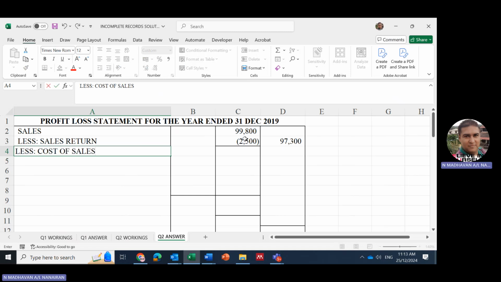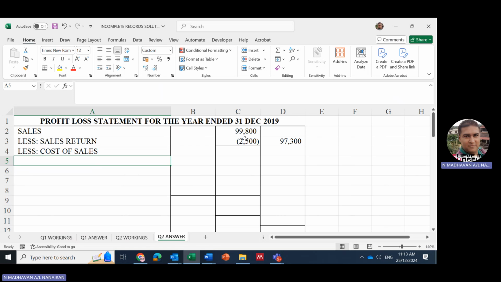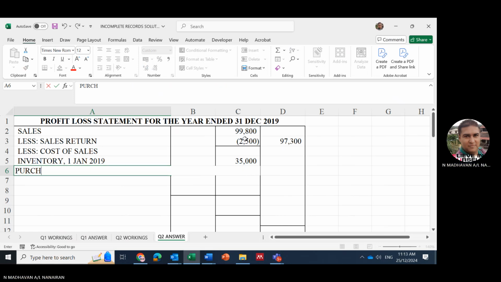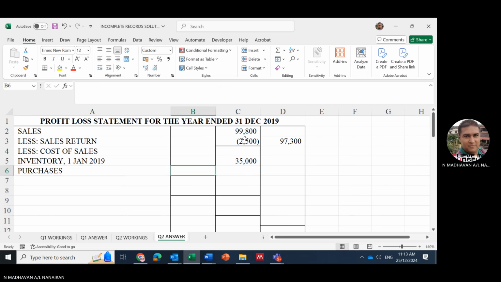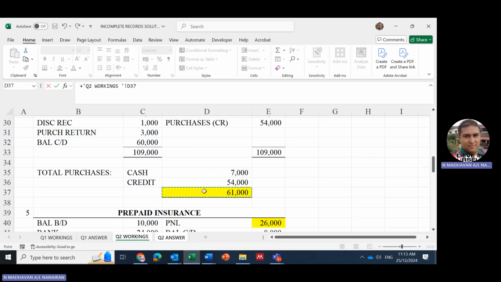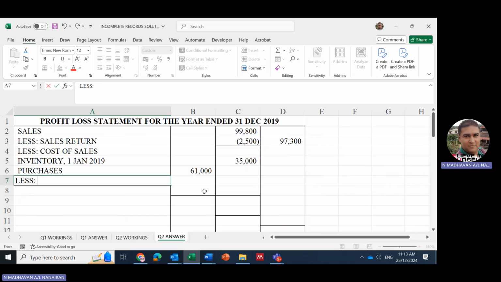Next, you have less cost of sales, where you have your inventory on 1st January 2019. How much? 35. Next, you have purchases. How much? 61,000. Less purchases return.